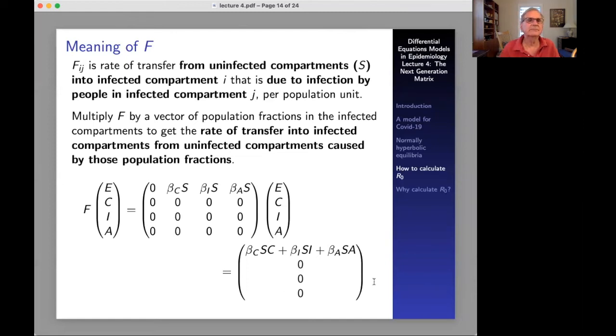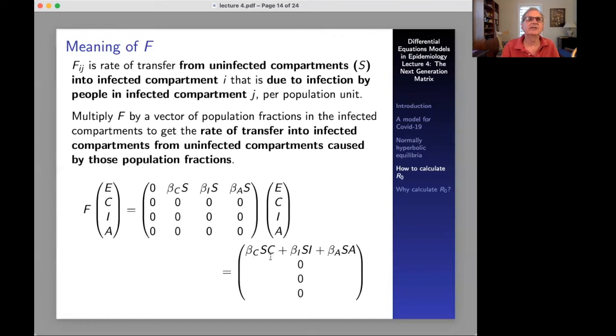What does that mean? The rate of transfer into infected compartment E from uninfected compartments caused by these population fractions right here is this sum.